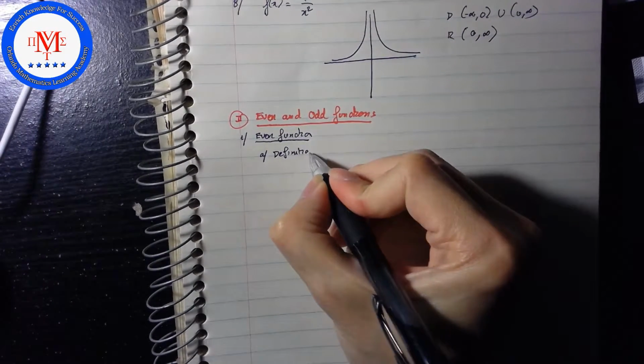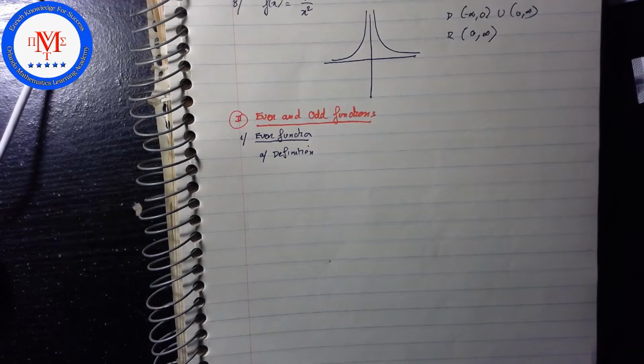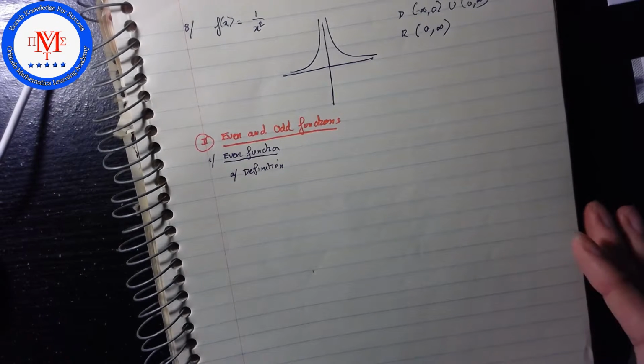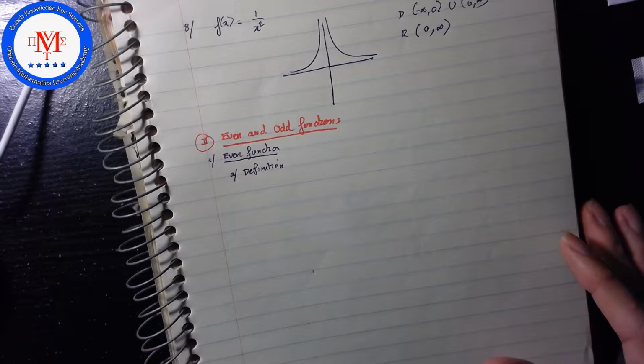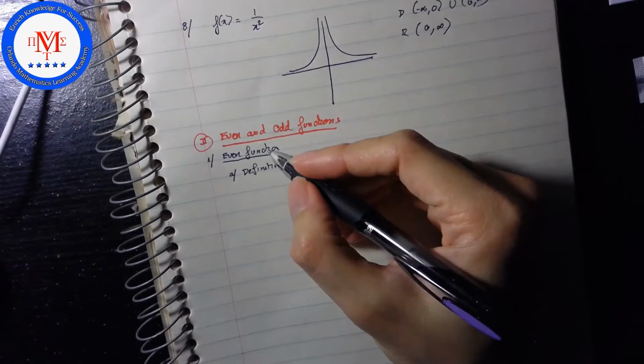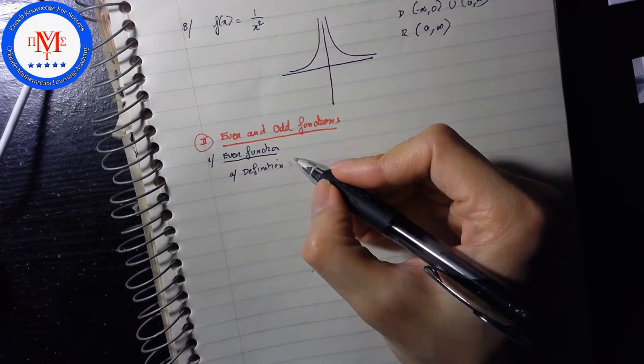A function f(x) is an even function if f of negative x equals f of x.